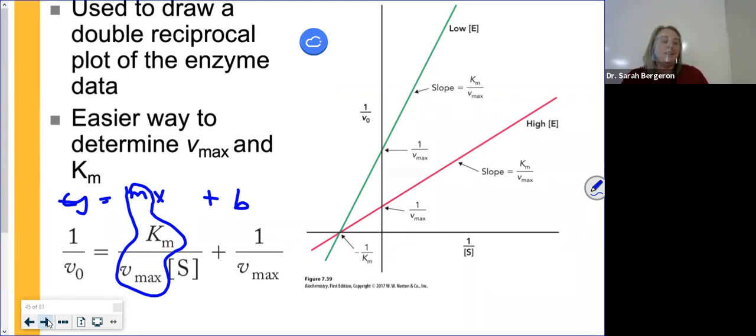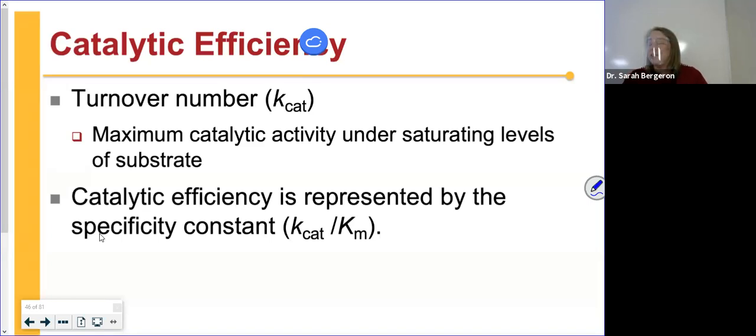Okay. All right. But that doesn't always tell us everything we need to know. There's another really important characteristic of an enzyme, and that's its maximum catalytic activity when you have saturating levels of substrate. That means the enzyme is able to bind substrate as quickly as possible, right? So what's the rate limiting thing?